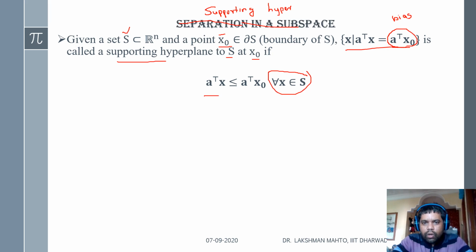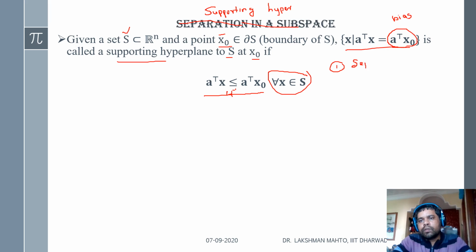if we see that every element of S is in the lower half space with respect to this hyperplane. This one is the lower half space, that is H minus. So the supporting hyperplane gives two things.